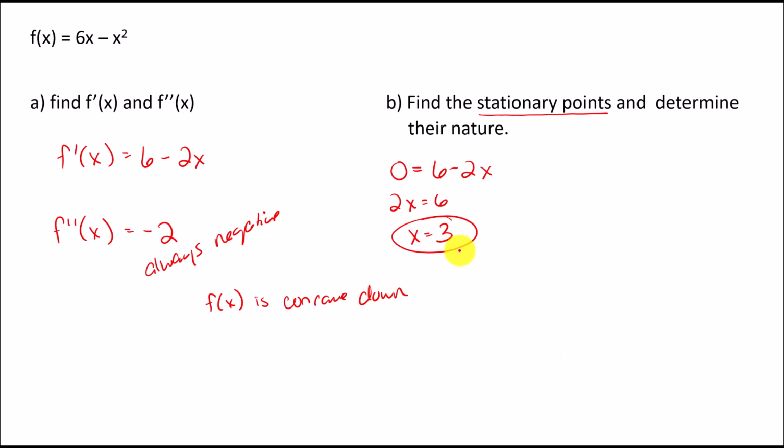And if this is concave down, it's going to be a maximum. So that one was nice. I didn't really have to do a lot. You should recognize that this is quadratic, and because of that it opens down, so we kind of knew that anyway. But that's what happens when your second derivative is constant and negative.